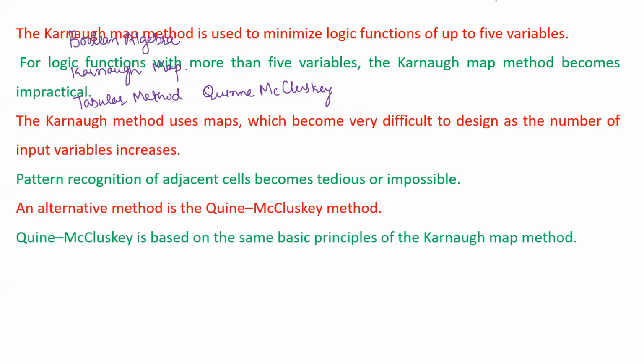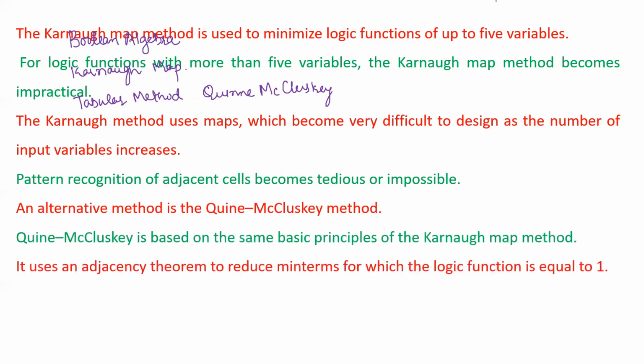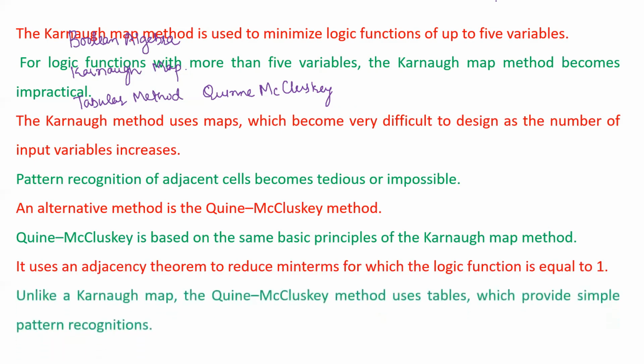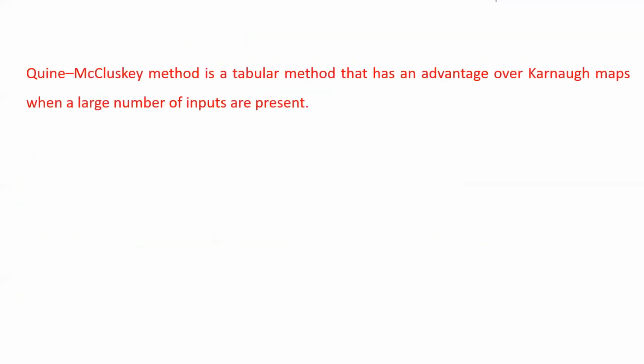It is based on the same principles as the Karnaugh map method. It uses the adjacency theorem to reduce the minterms for which the logic function is equal to 1. Unlike the K-map, the Quine-McCluskey method uses tables which provide simple pattern recognition.